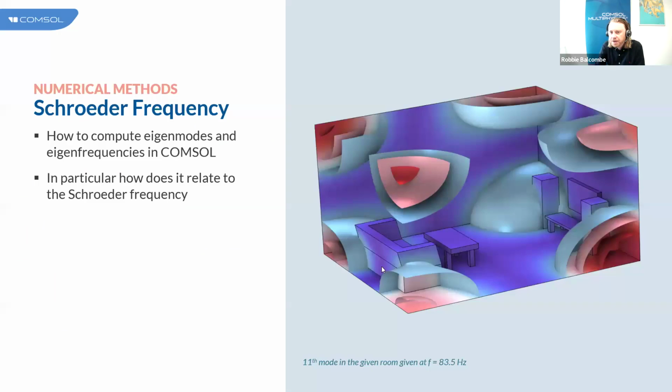Now, I mentioned earlier in my slides that the ray approximation holds when the geometric detail is much larger than the wavelength. This is true, but when you're working with closed room acoustic type problems, there's also another metric that we can use to determine whether we are in the regime where a wave formulation should be used or in the regime where we can use the ray formulation.